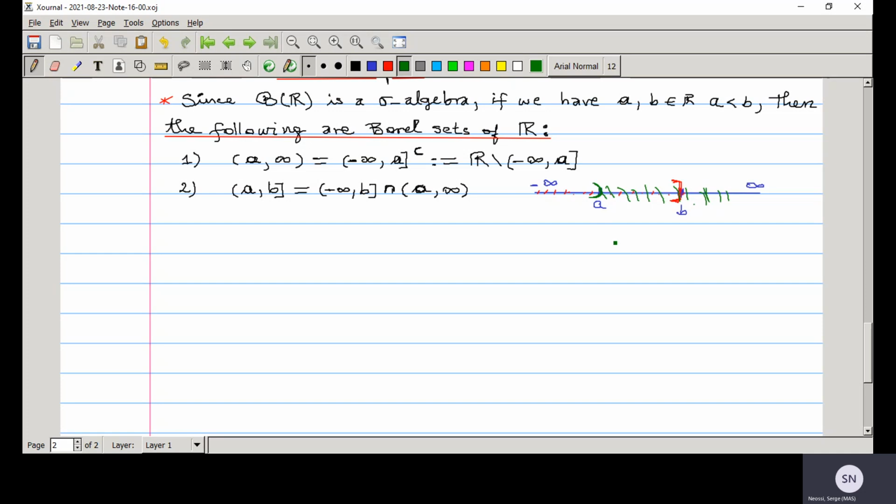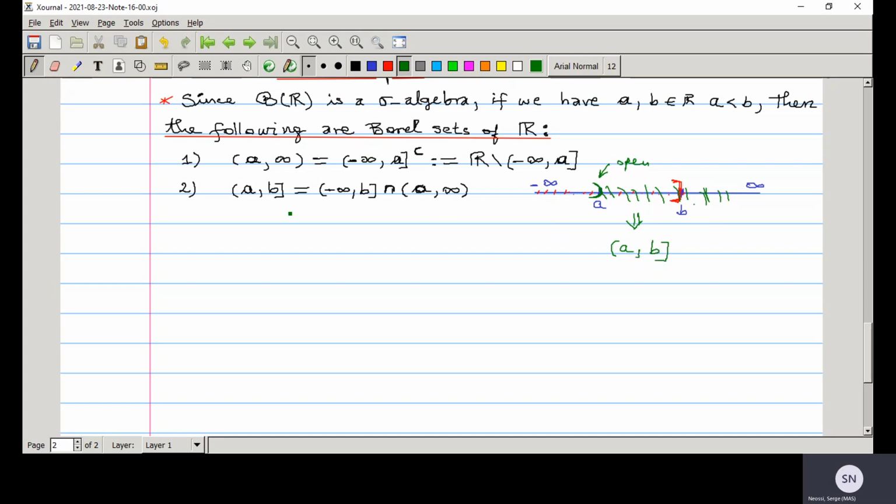Just understand that this is open at A. Or I should have even written it that way to avoid confusion. Now, this doubly shaded part will give us an interval that is open at A up to B. But B is closed.